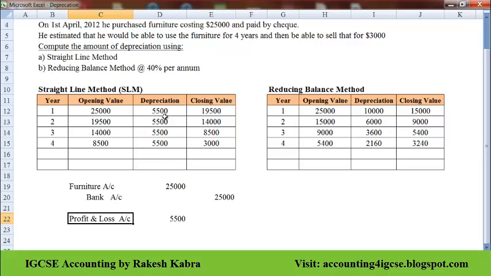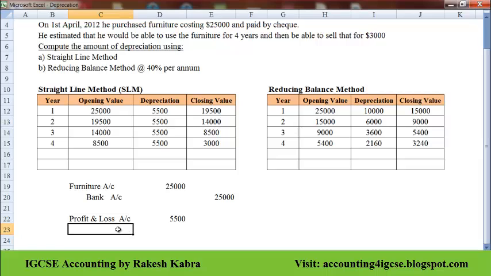See, this $5,500 is loss, so we need to debit the loss account. But in place of the loss account, we are debiting which account? Profit and loss account. Because if you debit the loss account, then eventually you will have to transfer that loss to which account? Profit and loss only. So it is a good idea, rather than debiting the loss account, to straight away debit the profit and loss account. Okay?